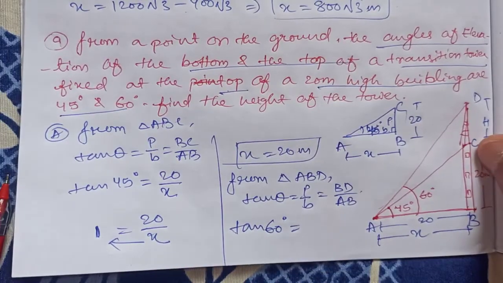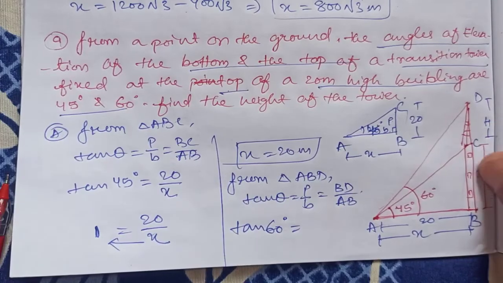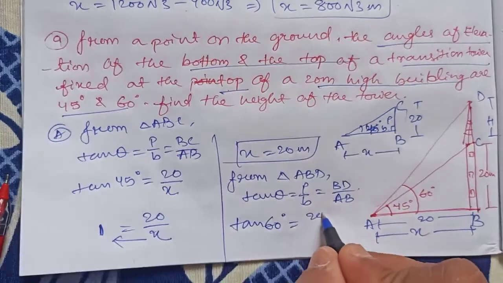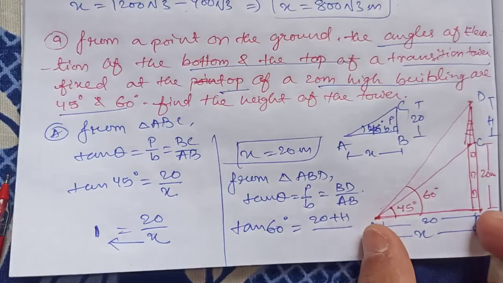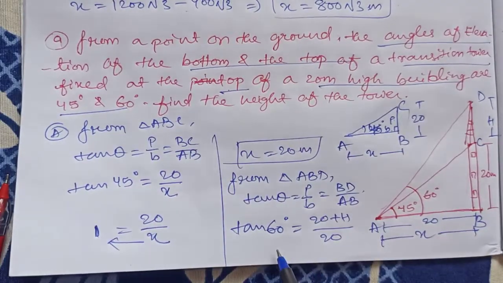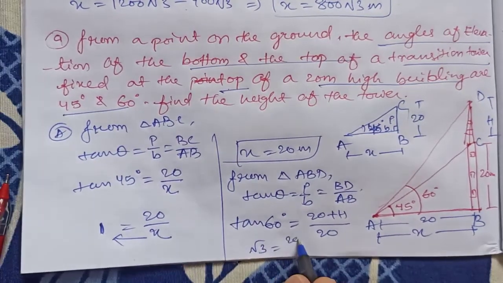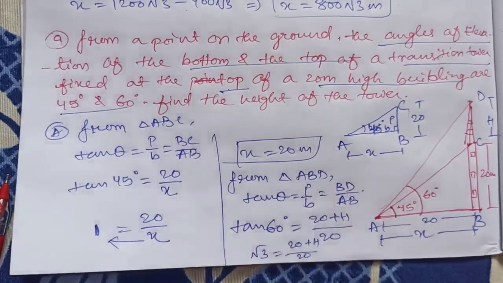BD is BC plus CD, that means 20 plus H, divided by AB, which is X, that is 20. Now substitute the value of tan 60. Tan 60 is root 3 equals 20 plus H by 20.